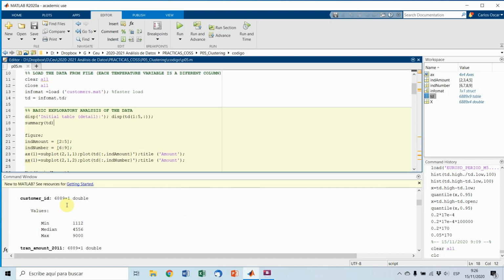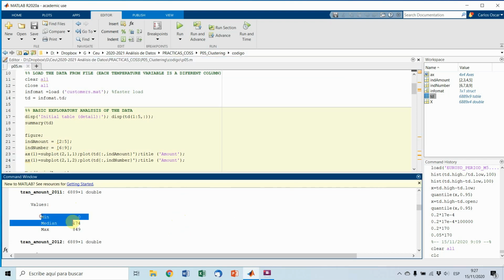We have a summary for the customer ID that doesn't make any sense, and then for 2011 we see that values go from 0 to 849. This 0 means a customer that in 2011 didn't buy anything, but appeared later in 12, 13, or 14. We see that the maximum is increasing from 11 to 12, and also the median.